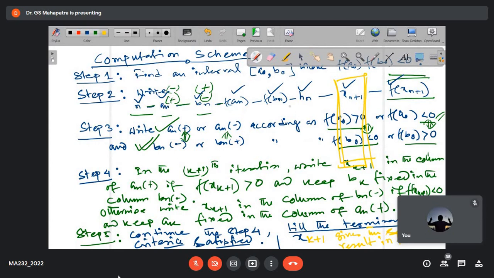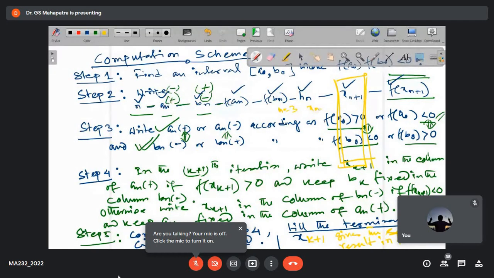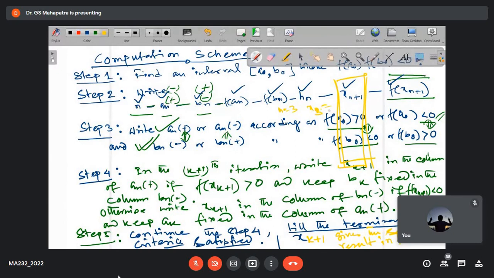So let us consider n equals 3. x3 is, okay, n equals 3 means x4 is 0.213. And n equals 4, x5 is 0.2111.